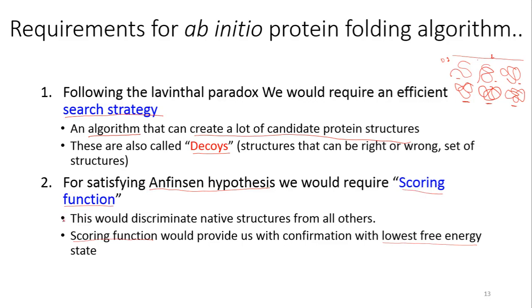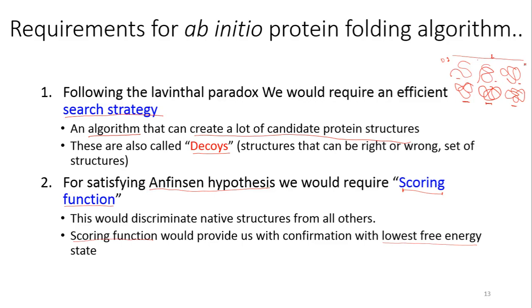So in our next lecture we would discuss how the search strategy is implemented, and what things are considered while defining the scoring function, and how the scoring function was defined in order to delineate a functionally active form of a decoy from the remaining decoys that have been produced.